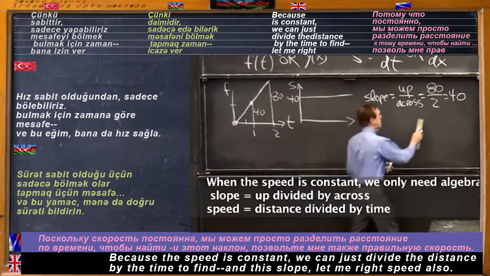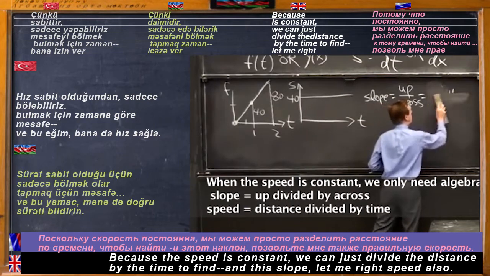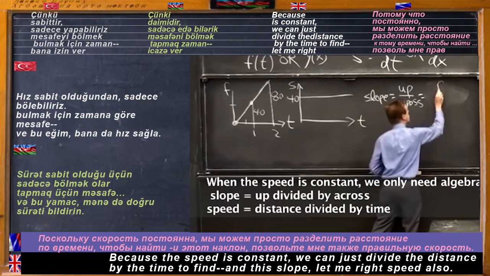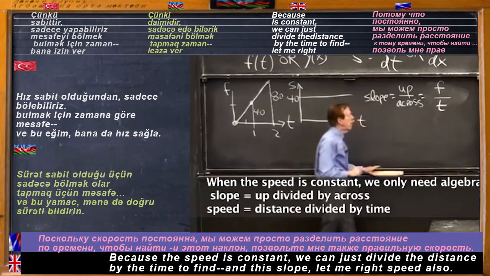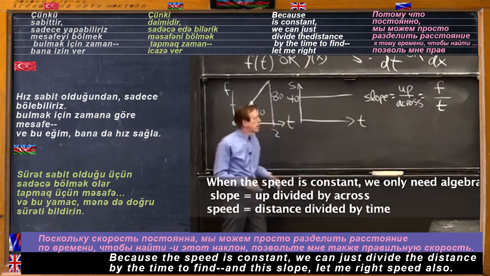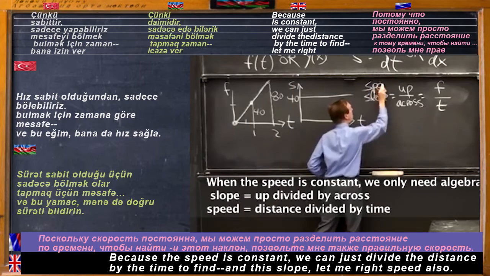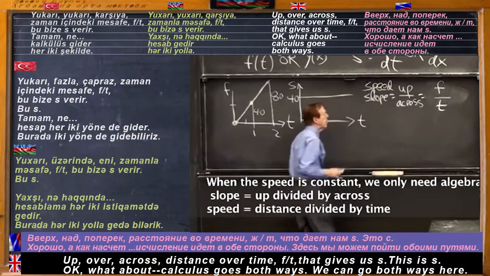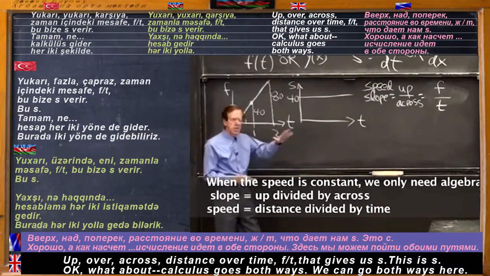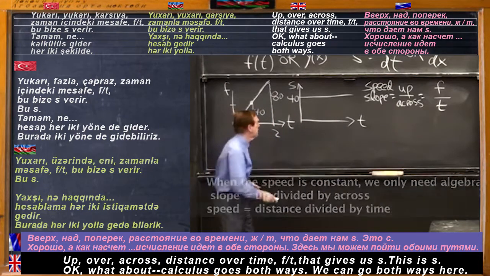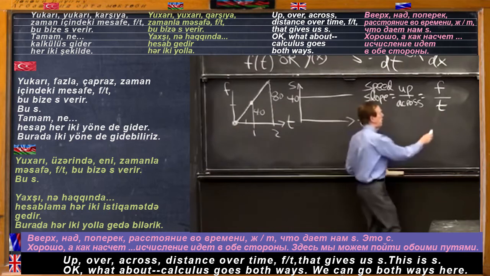Because the speed is constant, we can just divide the distance by the time to find the speed, and this slope, let me write speed also. Up over across, distance over time, F over T, that gives us S. This is S.